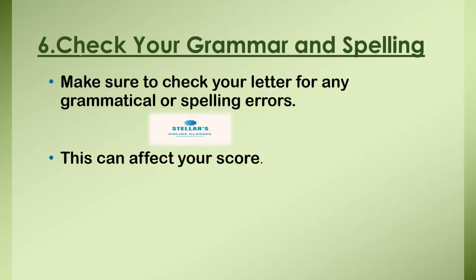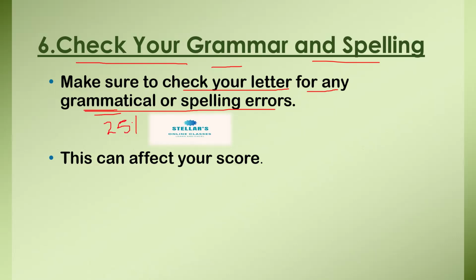Next, make sure that you have checked your grammar and spelling. Whenever you have written your entire letter, try to check it for any grammatical or spelling errors. Grammatical errors may include helping verbs, auxiliaries, adjectives, adverbs, conjunctions, prepositions. These kinds of things should be checked because these may also affect your 25% score.